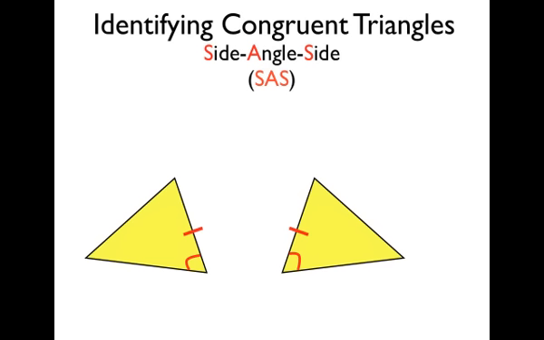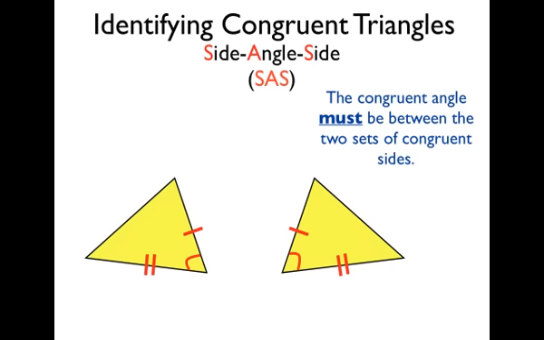And then the other side touching the angle is also equal. So you kind of have an angle sandwich here. It's squished in by two pairs of sides that are equal. And that's side, angle, side. So we had side, side, side, and then side, angle, side. The congruent angle must be between the two sets of congruent sides. Again, we've got an angle sandwich here.